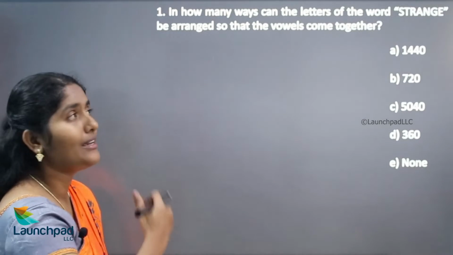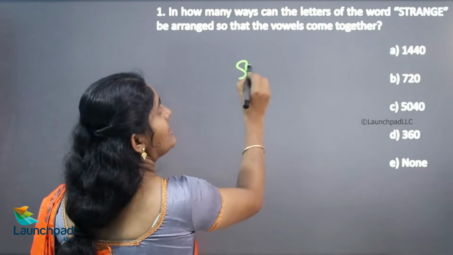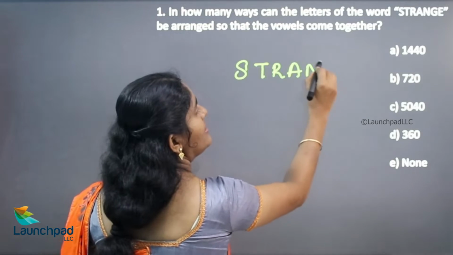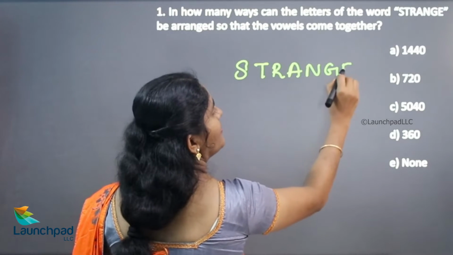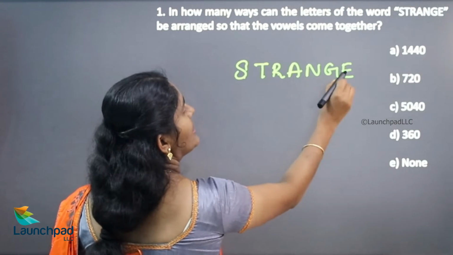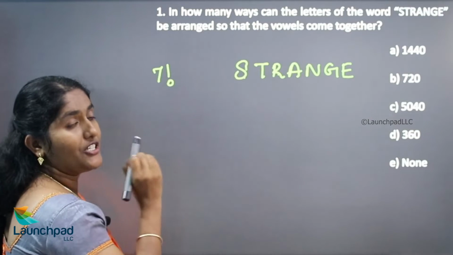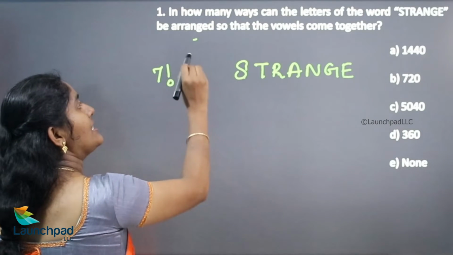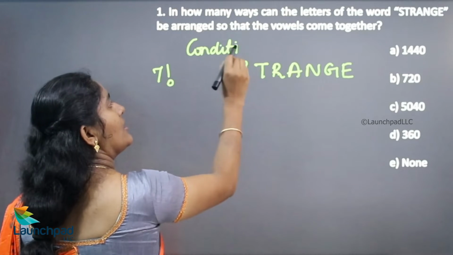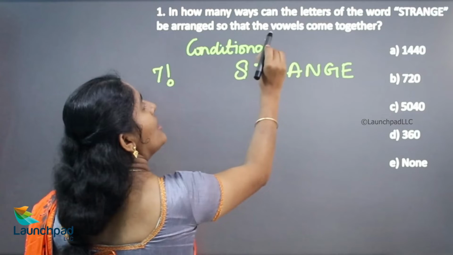You can directly count how many letters are there in the word: S, T, R, A, N, G, E. So 1, 2, 3, 4, 5, 6, 7, 7 factorial. But your condition, this is called conditional permutation.